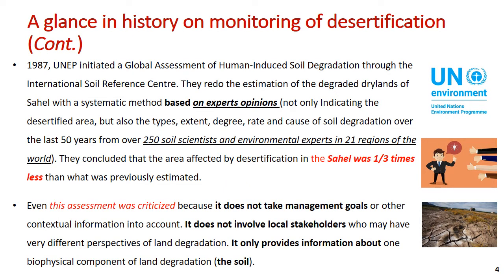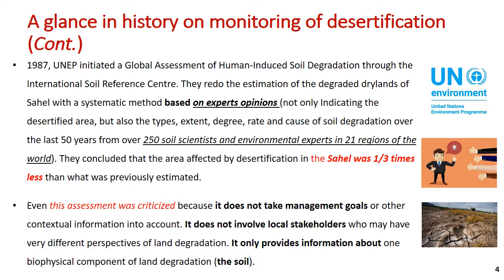The criticism of the previous estimate initiated another program by the scientists, basically after a few years, specifically in 1987. At this time, the United Nations Environment Program initiated another assessment called Global Assessment of Human-Induced Soil Degradation.